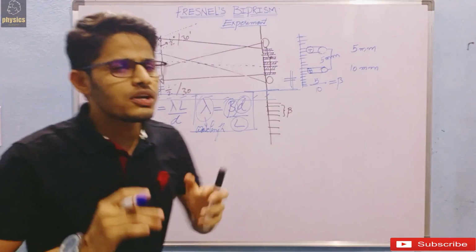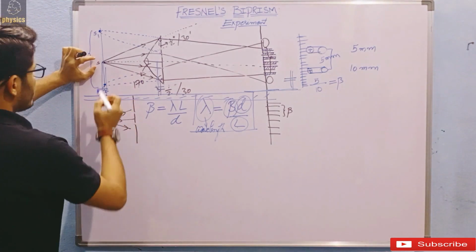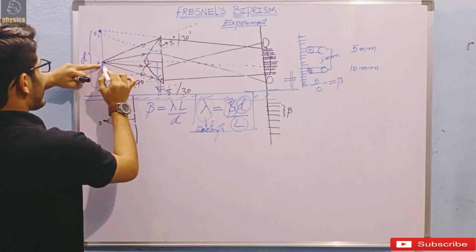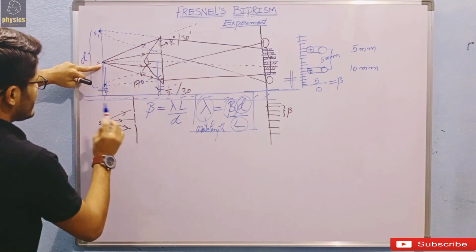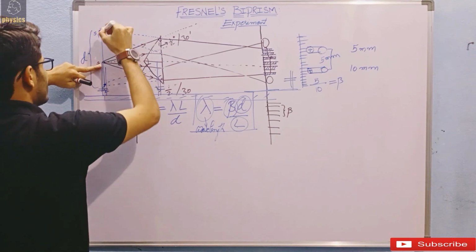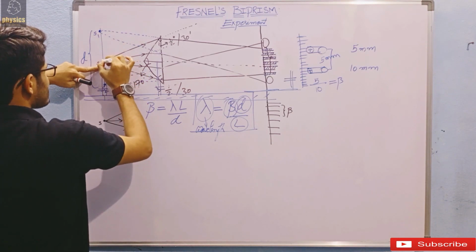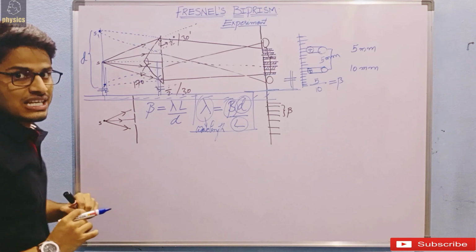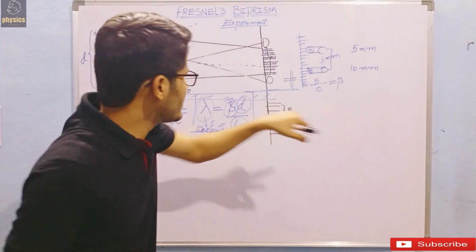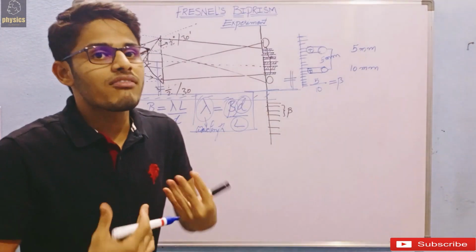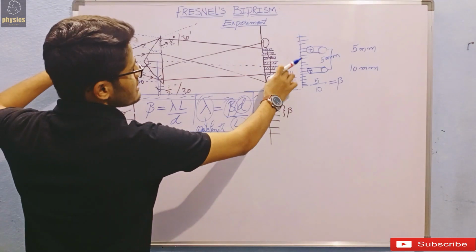But the geometry of the figure will take care of it. You see from this figure, the source S is lying in a line between S1 and S2. So the position of S1 and S2 is exactly similar to the position of S. If you can measure the distance from S to the final screen, it means you have measured the distance from S1 and S2 to the final screen.